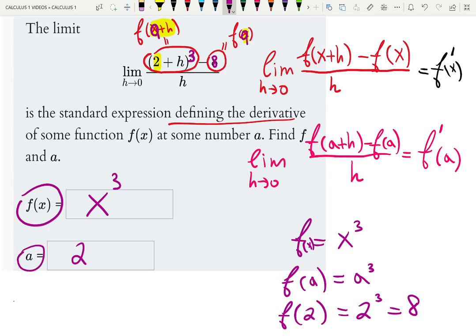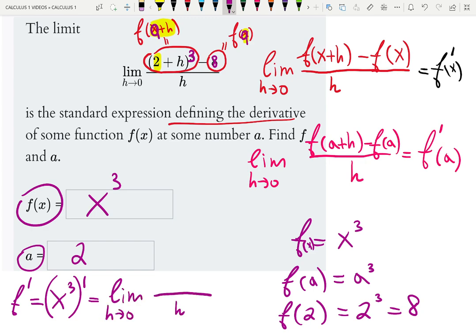Let's check that. What is the definition of the derivative of the function x cubed? That is, x cubed prime. That will be the limit as h goes to 0, h in the denominator.